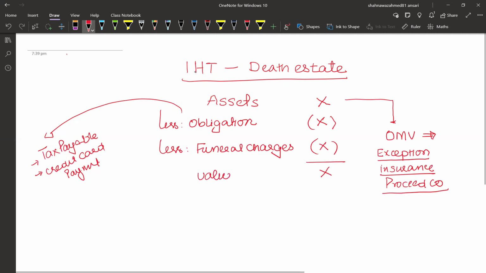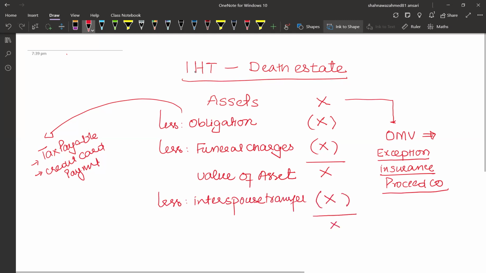So this will be the value of the estate. Now, if that person has decided in his will to transfer something to a spouse, then the inter-spouse transfer is an exempt transfer. So we need to deduct the exempt inter-spouse transfer from this. After this, there will be the gross chargeable estate, GCE.